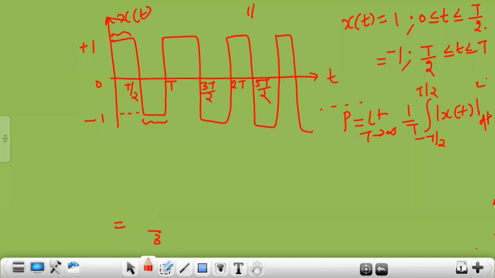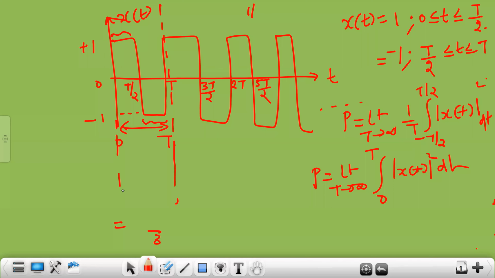So 0 to T, sir. Yes, very good. It is 0 to T. So the equation can be rewritten as P is equal to limit T tends to infinity integral 0 to T mod x of t the whole square dt, because our signal lies from 0 to T alone and we are focusing only on one duration.